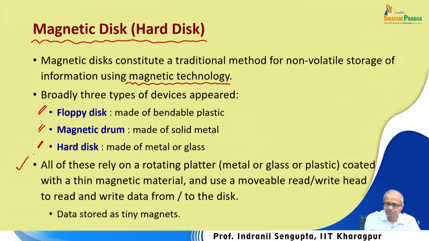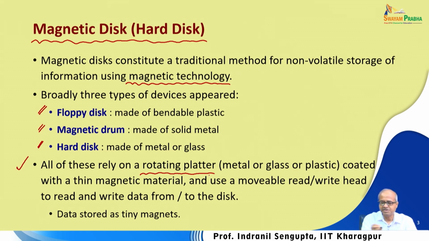And all these three media, the basic concept is the same. There is some kind of a rotating platter. The disk or the recording surface rotates in some way, and there is a read write head which sits on top of the surface, and using the read write head you can either read the direction of magnetism, so what is stored, or you can write new data on the surface of the disk.